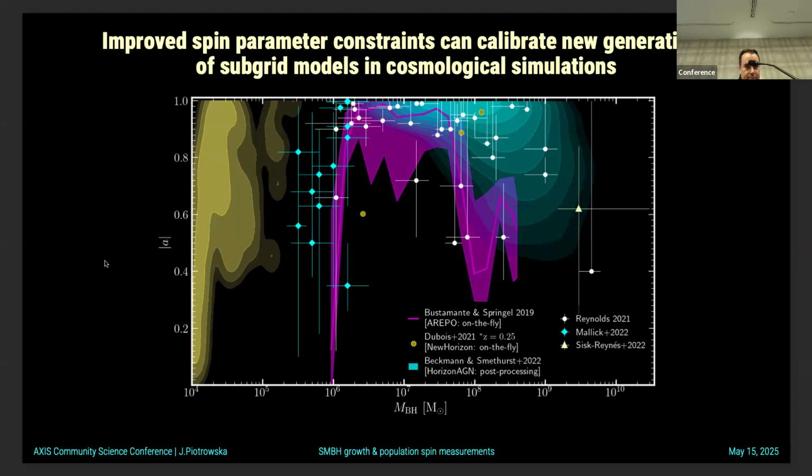You showed those nice simulations from the Horizon AGN simulations. Could you just comment briefly, what is the level of uncertainty in the spin distribution predicted, considering the treatment of the subgrid accretion physics as well as the treatment of the mergers, both of which are, of course, very challenging? Absolutely. That's the one thing I had to skip in favor of time. Horizon AGN, key points here.